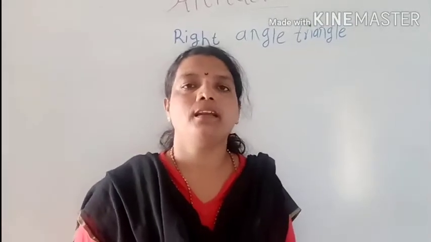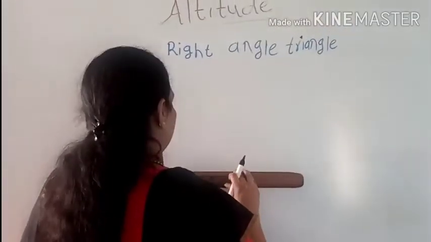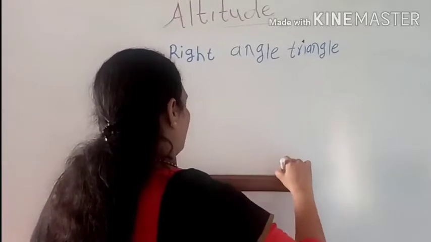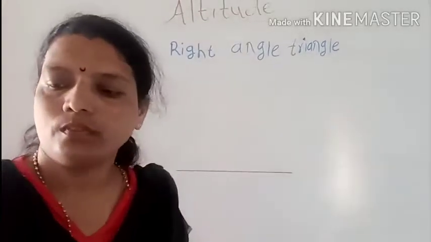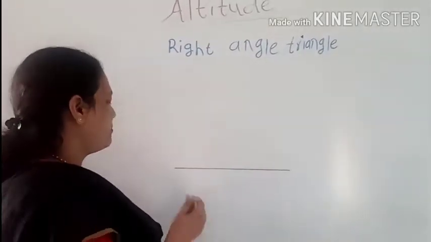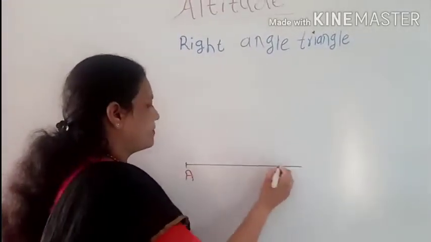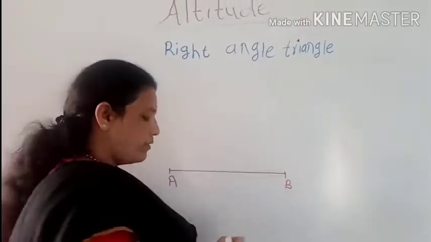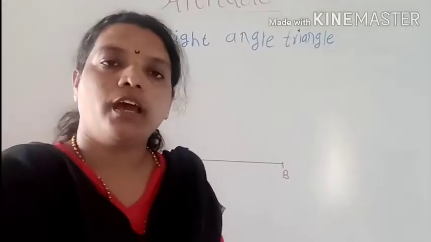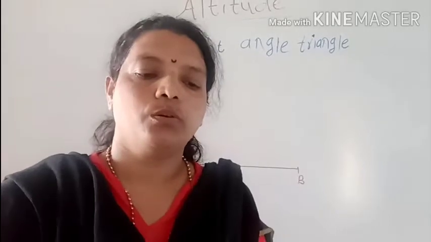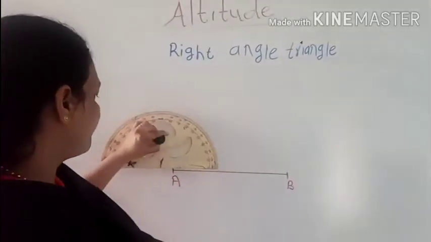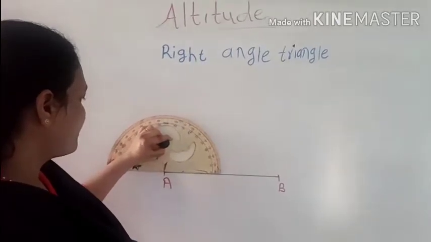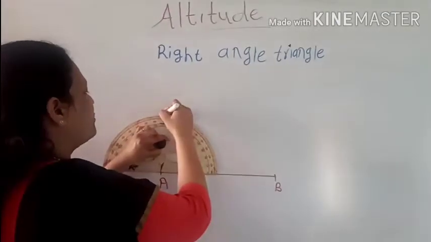So we will draw any right angle triangle ABC. We will take A and B of any measure. Now we have to draw a right angle. So I will take the protractor and mark 90 degrees.